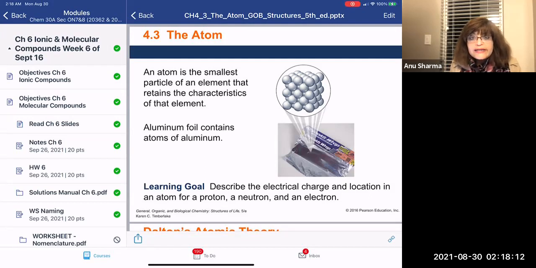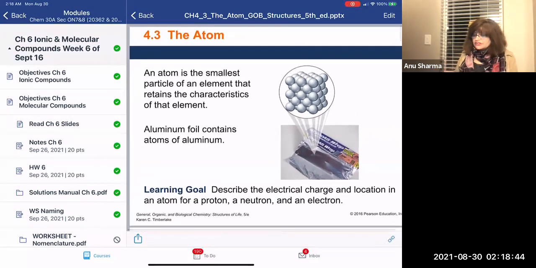Aluminum foil is made up of only one type of particle, and it shines, makes that crinkly sound, has a very high boiling point and very high melting point, and is solid, but it can be made into a thin sheet. You can also make aluminum wires. Okay, so those are the characteristics of the metals.